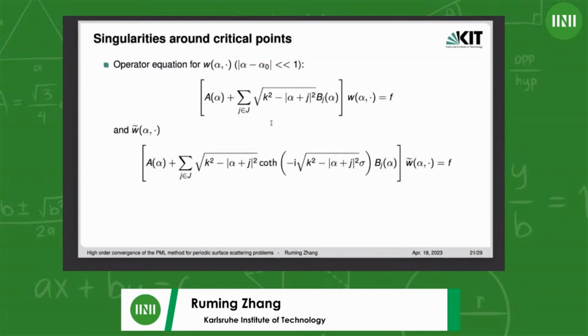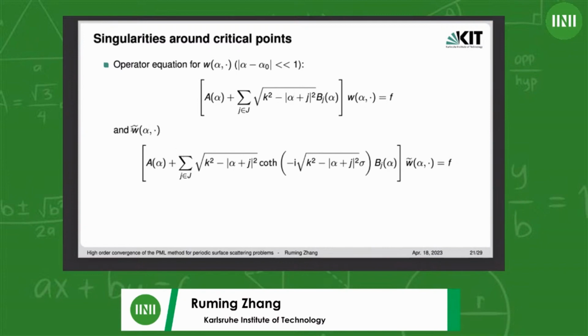To deal with the problem, here I have to make it very abstract, unfortunately. So we have to define the operators. We have to write this square root separately. So the original equation can be written in this way. A alpha is the part without the singularities, without these terms, and B G alpha comes from the detour map.